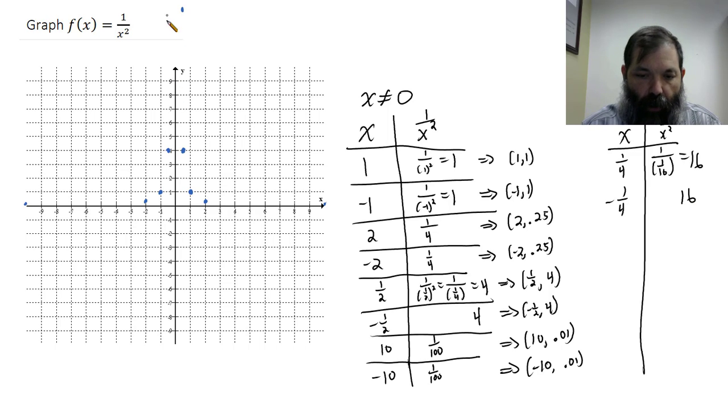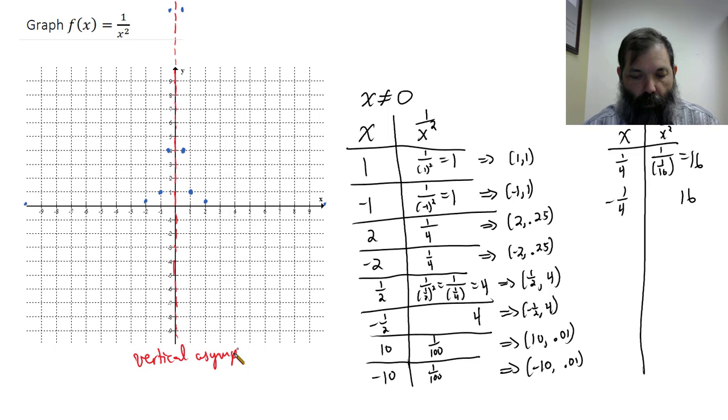And what I see here is what we call asymptotic behavior. There's an asymptote to the graph at x equals 0. In this case, it's a vertical asymptote, and we represent it with a dotted line.